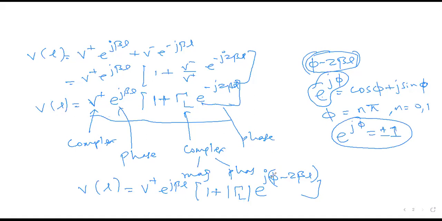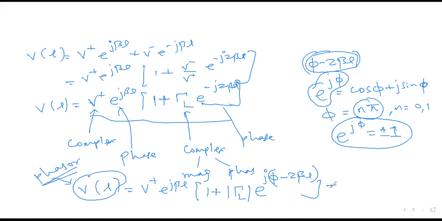That means if the voltage phasor, where the phase of the voltage is a multiple of pi, what will happen in that case? Our e raised to j phi will be plus or minus 1.